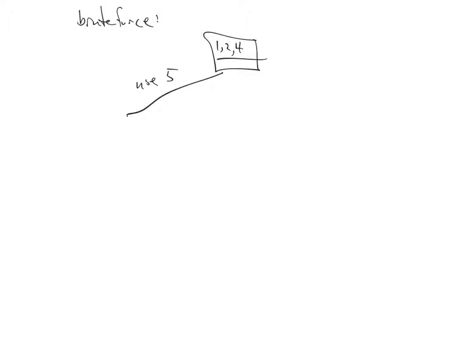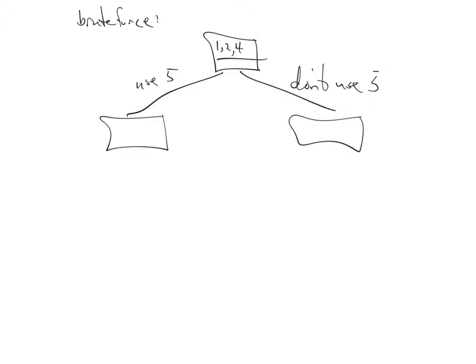If you hearken back to when we did the brute force, at least the second time we pushed you that way. If you're using items 1, 2, and 4, then there's a question at the next step of use 5 or don't use it, if you remember when we did that. This is somewhat the same idea.